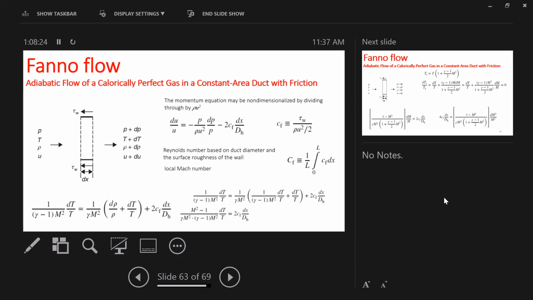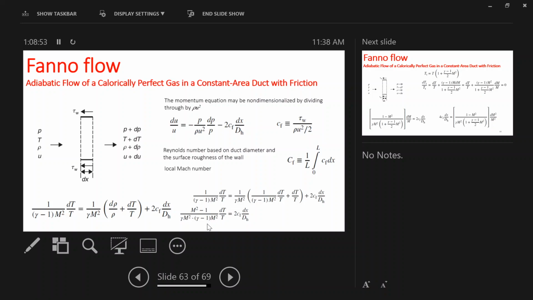And then one final equation is going to give you the local friction coefficient as a function of variations of temperature and the Mach number, and the hydraulic diameter and the small elements of x, right?